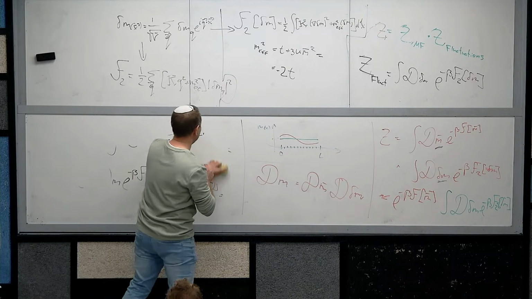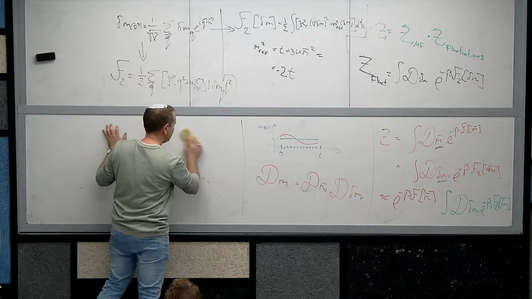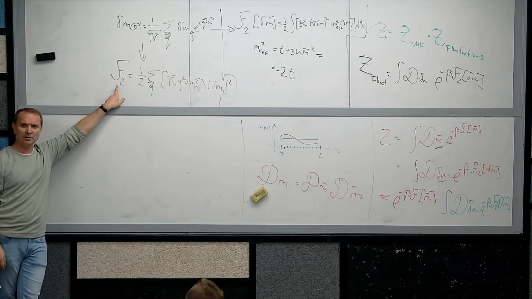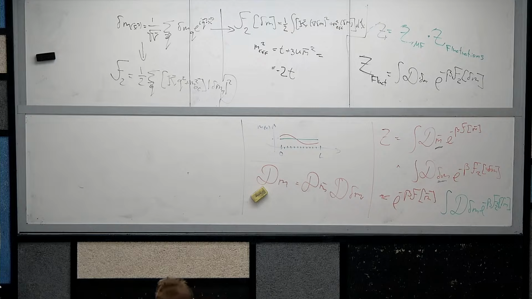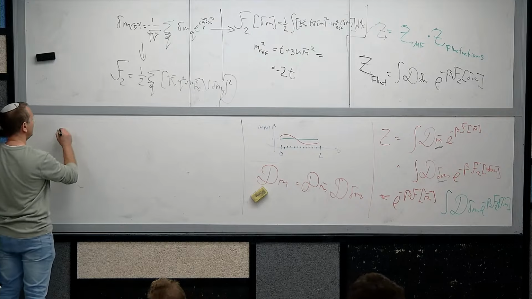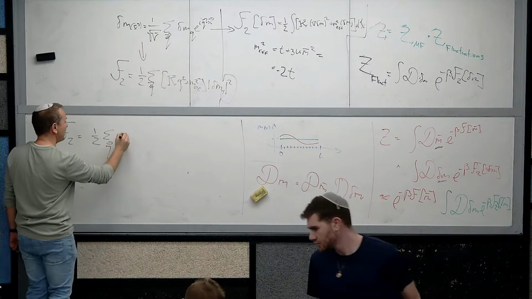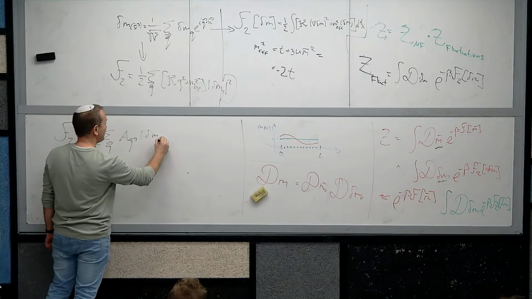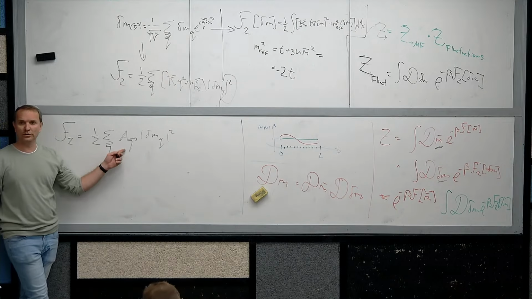All right. So what are those? This is the energy, remember? And I have an energy that looks like F2 equals 1/2 a sum over q, A_q, and here I have delta m_q squared. This is the energy of what? Harmonic oscillators.